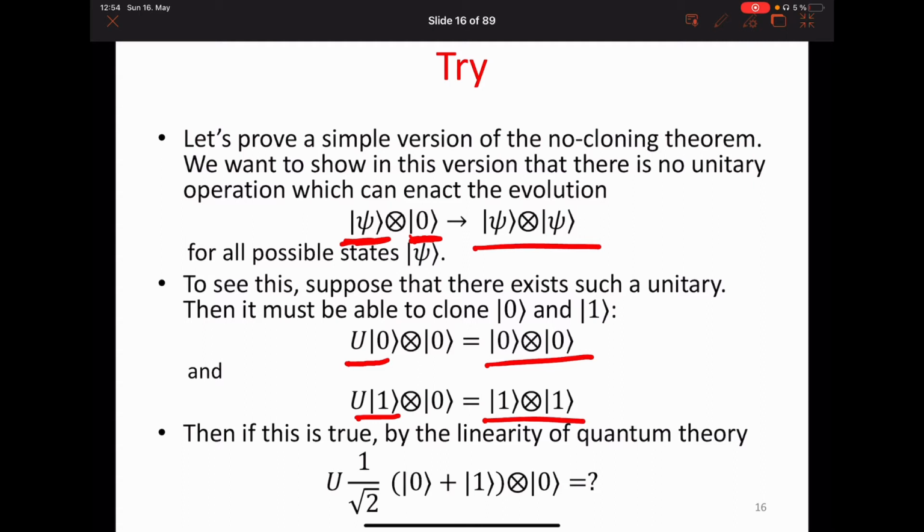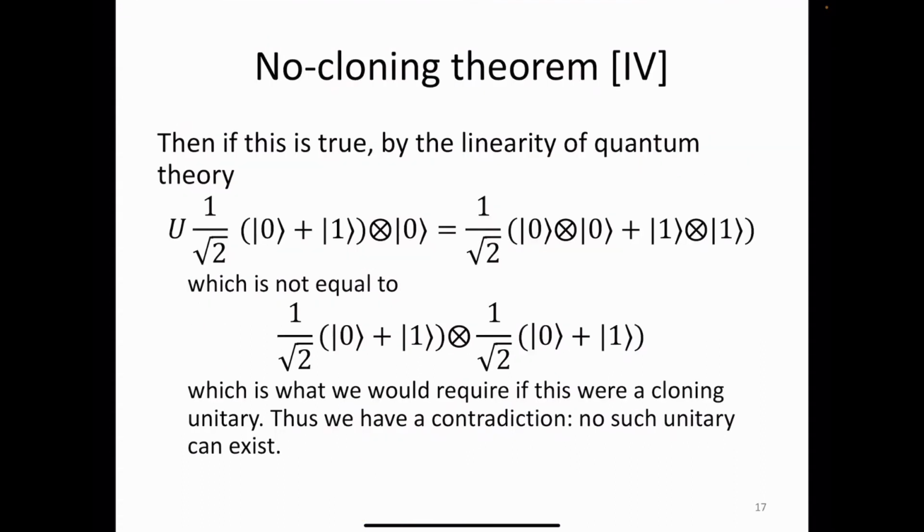So if we have a superposition state, and we want to clone that superposition state into our second qubit here, let's see what happens if we try. By linearity of quantum theory, if we have our superposition state and we have that second qubit here, then this is the same state as executing that tensor product here.